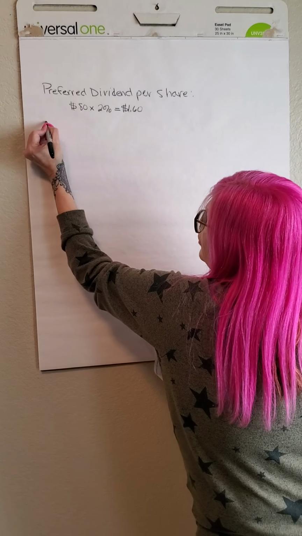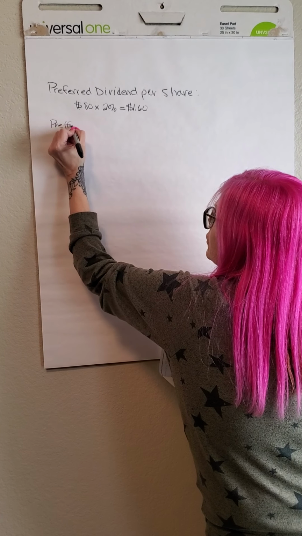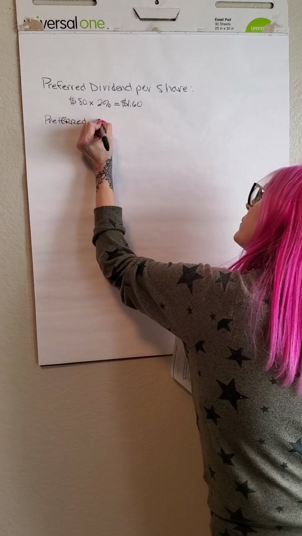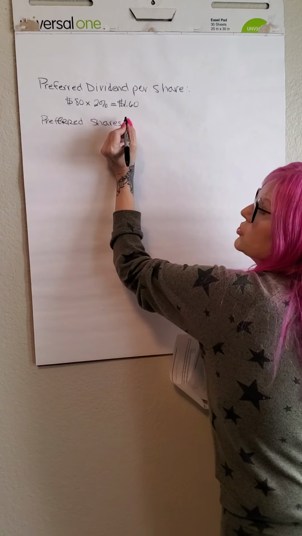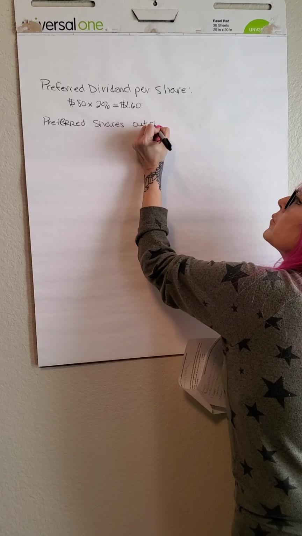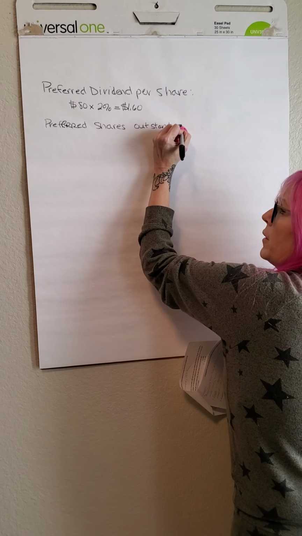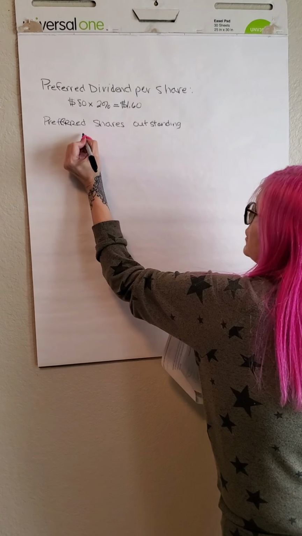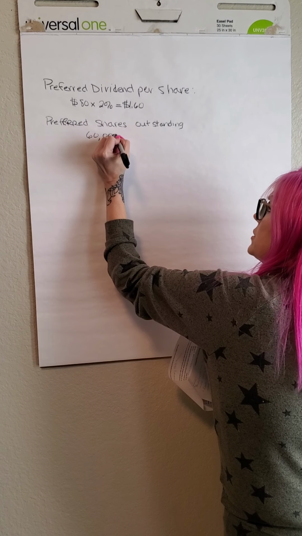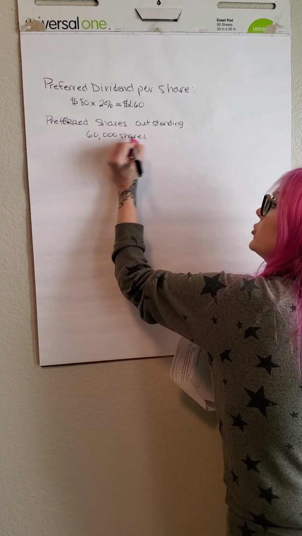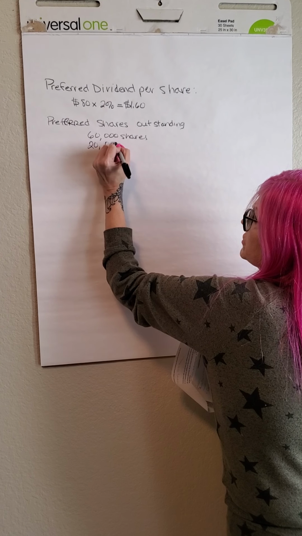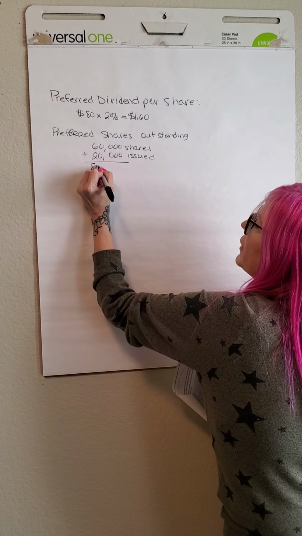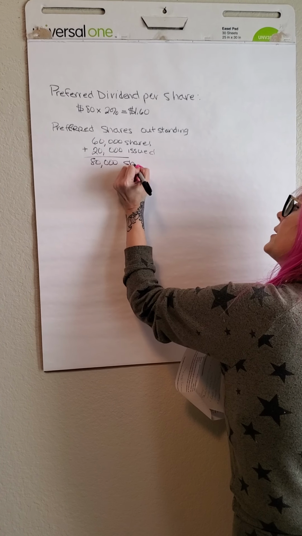So we need to look at preferred shares outstanding. We started out the problem and we had 60,000 shares outstanding. And then we issued another 20,000 shares. So that gives us a total of 80,000 shares outstanding.